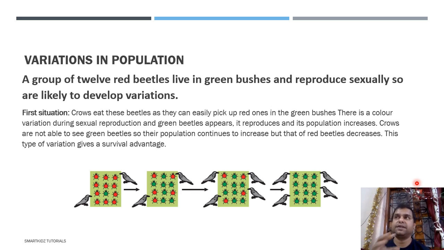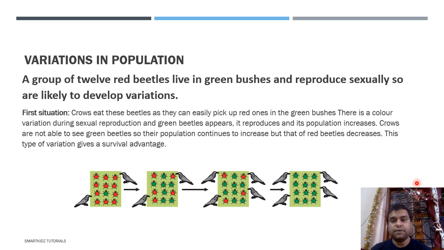When red beetles grow in a green bush, they are easily visible, and their natural predators, meaning those who hunt and eat them, are the crows. So such red beetles, when they roam around in green bushes, are very much visible to the crows and are likely to be eaten up.